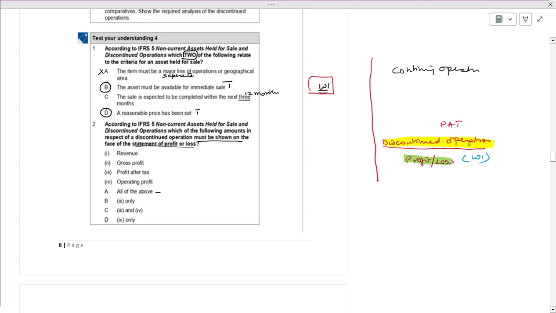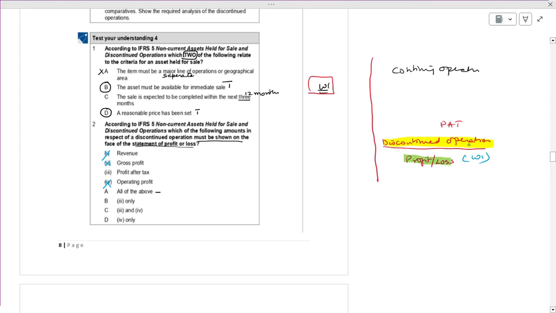What is the option we are going to choose then? Option D. We are not showing revenue, not gross profit, not operating profit. We are showing profit.